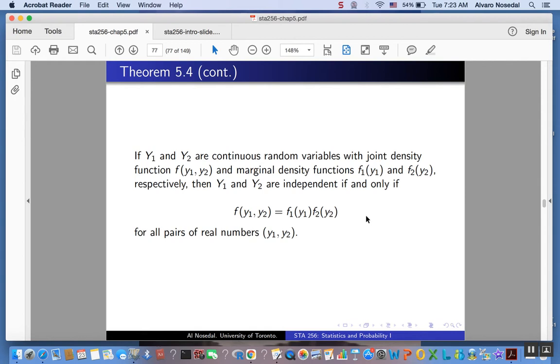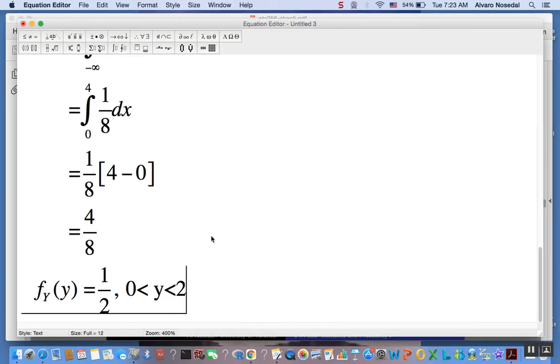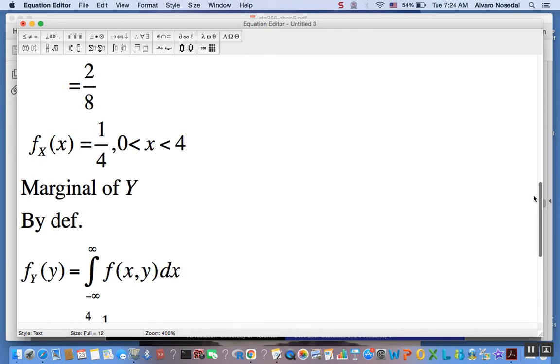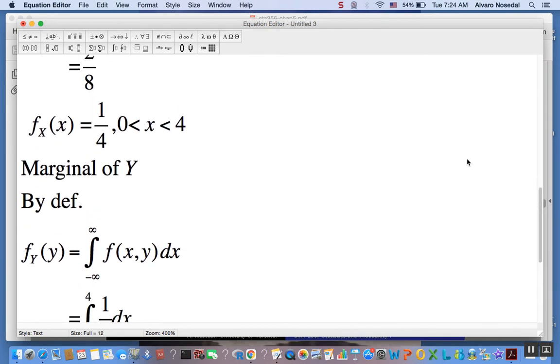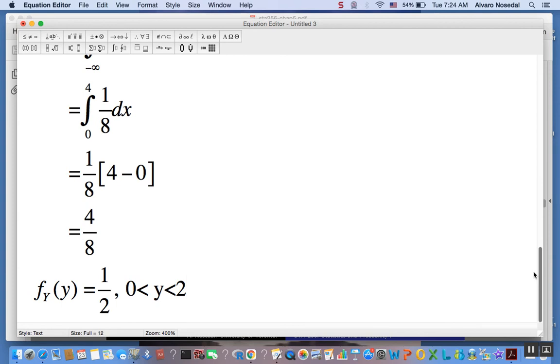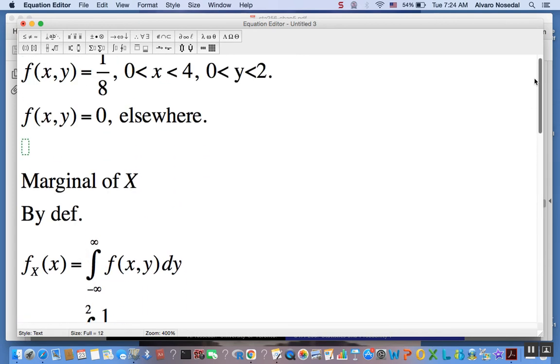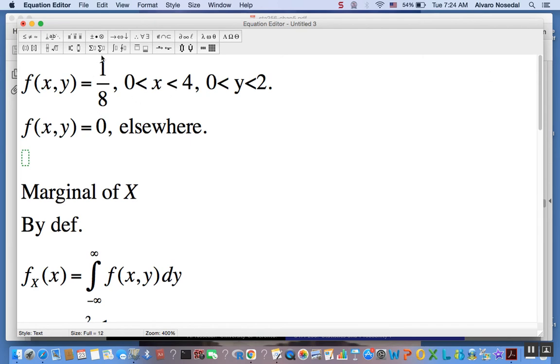Okay, so in this case, note that the product of the marginals would be 1/2 times 1/4, and we have that they have to satisfy these two restrictions. X must be between 0 and 4, y between 0 and 2. Clearly, the product gives this, right?